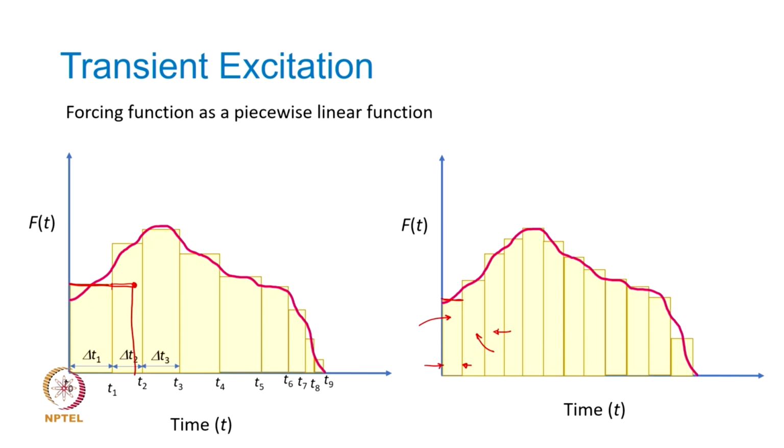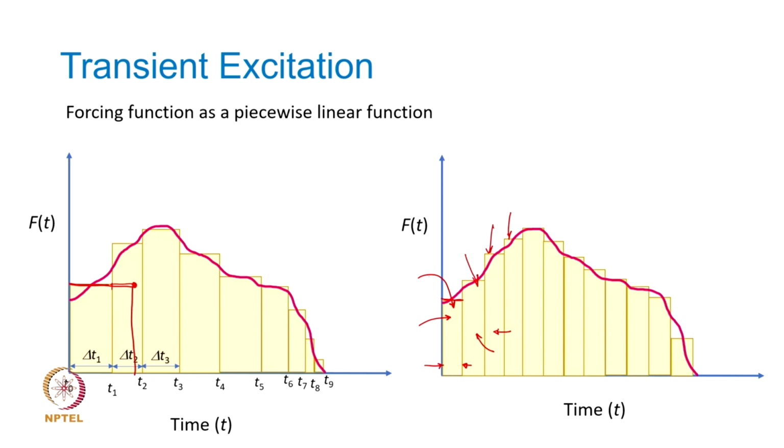So, the assumption here is we treat the vibratory system to be linear and assume that each impulse is acting independent of all other impulses. All these impulses which are acting on the system one after the other are actually individual independent excitations to the system, and the subsequent excitation impulses are not dependent on the past history or on what follows after it.